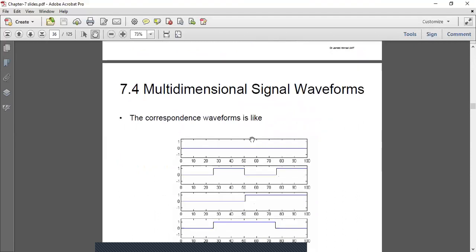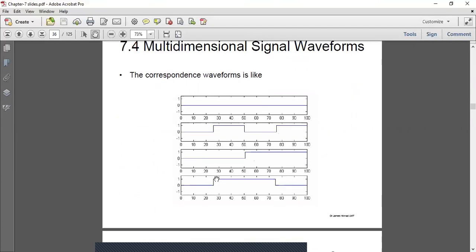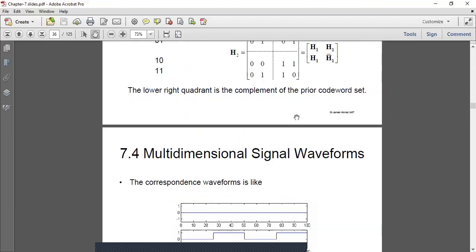Again, the time interval, as you can see, is 25 seconds, then 50 seconds, 75 seconds, and 100 seconds. In the next case, we have 0, 0, 1, 1. In the fourth row, we have 0, 1, 1, 0. So this waveform is generated from the Hadamard matrix.